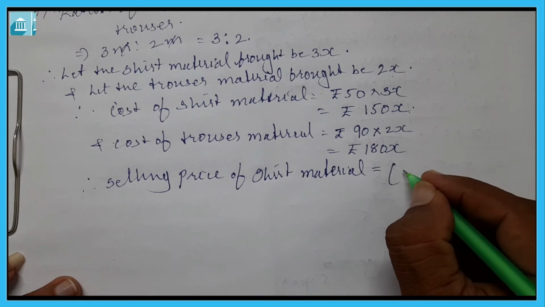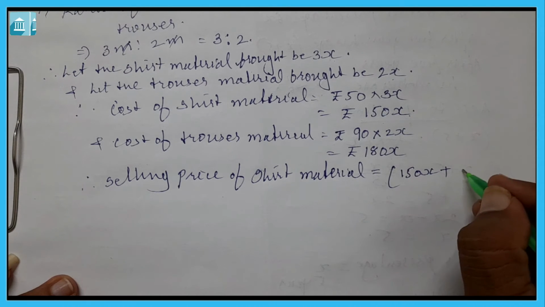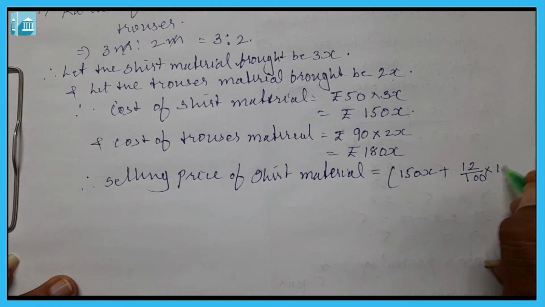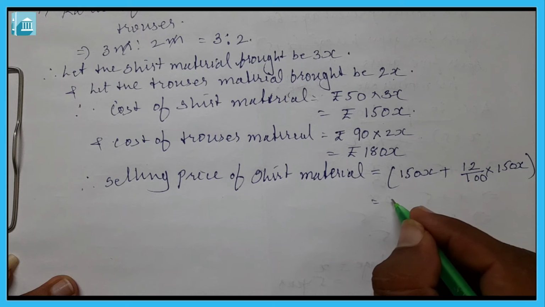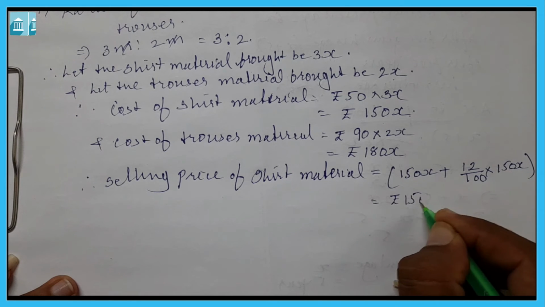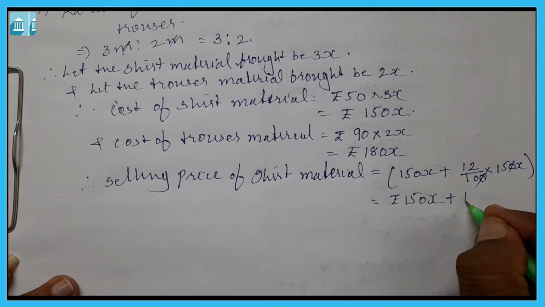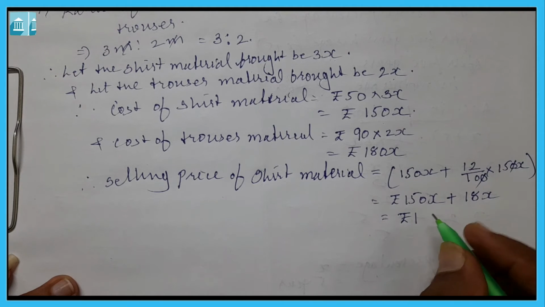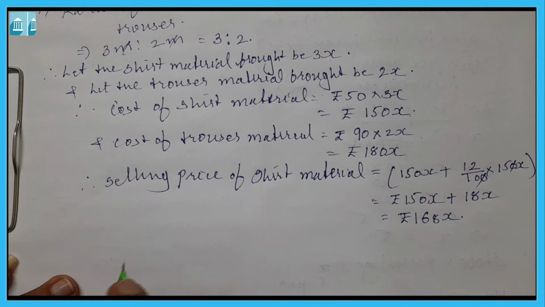So the cost price is 150x plus profit, that is 12/100 of 150x, which is equal to rupees 150x plus 18x, which is equal to rupees 168x.